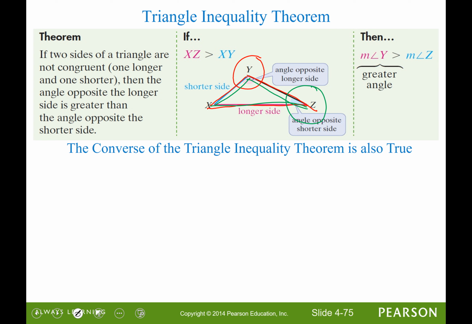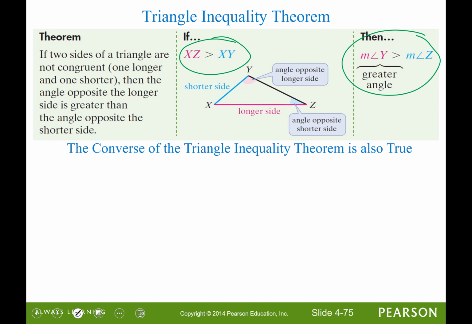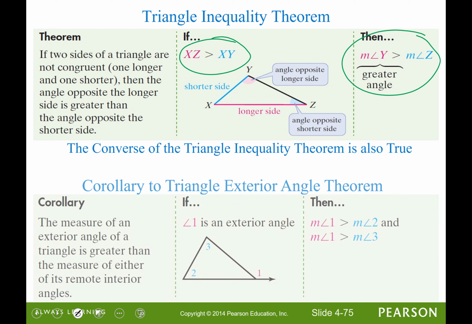Okay, let me erase that stuff there. So if side XZ is greater than side XY, then the measure of angle Y will be greater than the measure of angle Z. The converse of the triangle inequality theorem is also true.